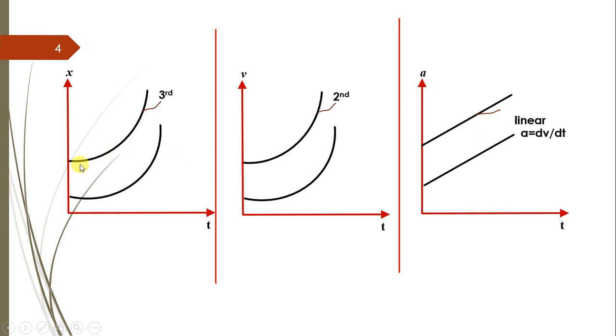Like here, if we get a third degree curve for position, then the velocity is a second degree curve and the acceleration is a linearly varying line.